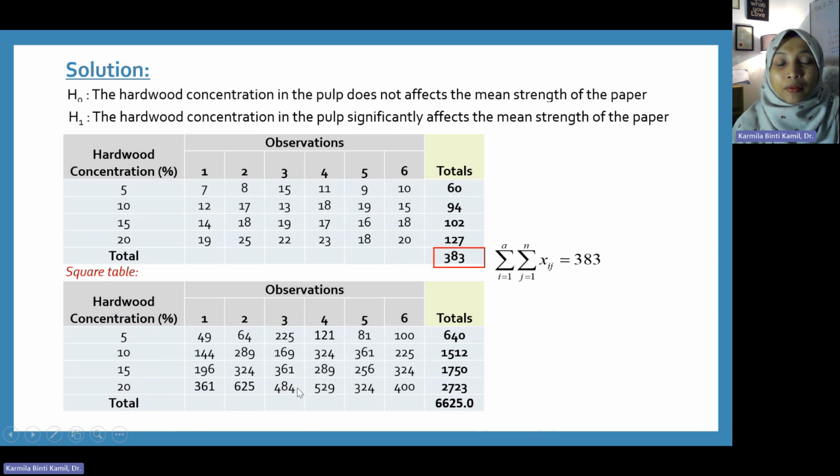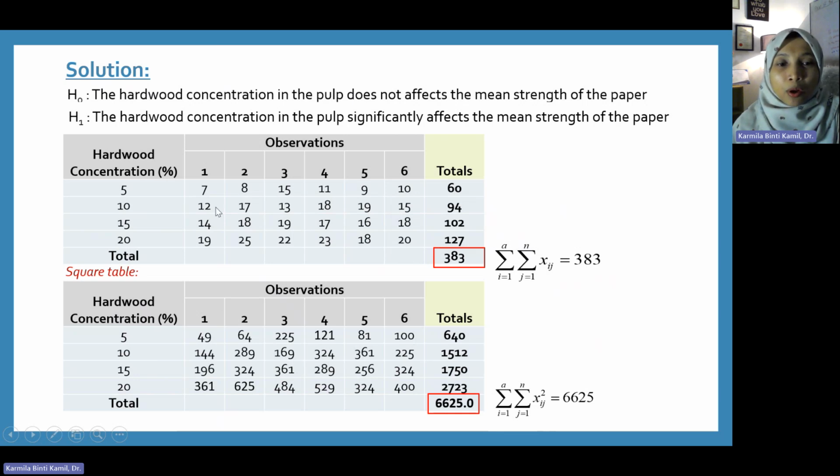Once we have the squared values, we sum all the values, and the summation is the summation of xij squared. Here the value is 6625. Again, I just want to repeat. First, copy the original table that you have and find the totals.